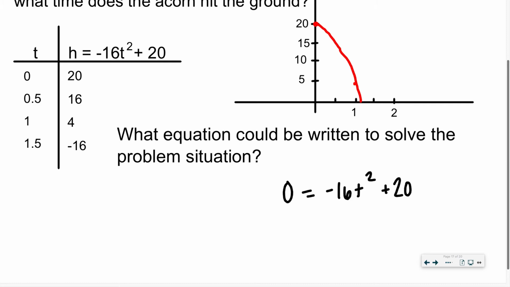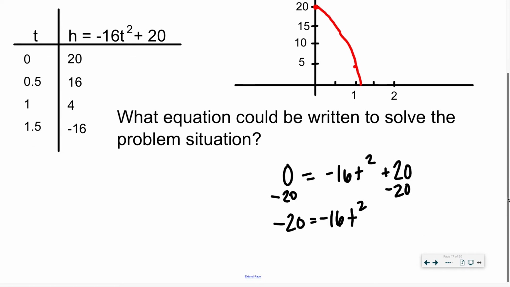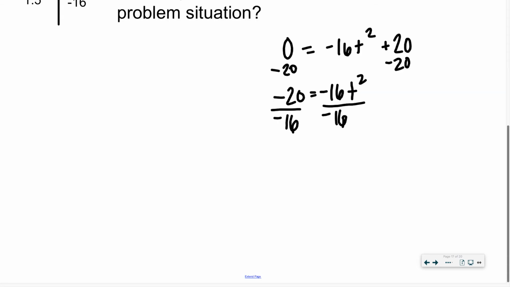Well, I'm trying to find the time. Subtract 20. Negative 20 equals negative 16t squared. Now what? Divide by negative 16. So what is 20 divided by 16?